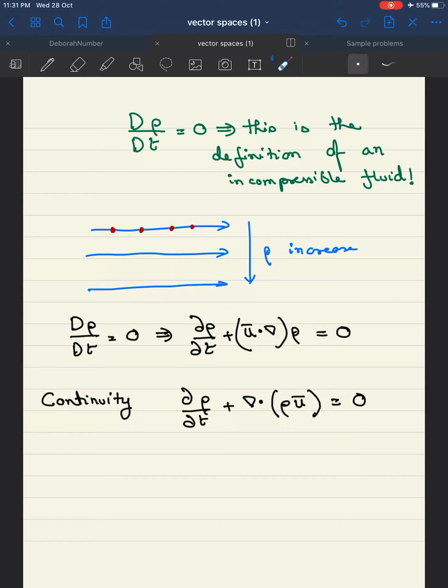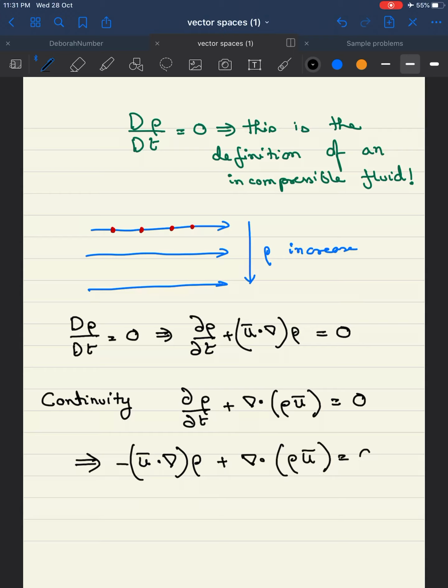Now what I can do is, I have two places where I have del rho by del t, so I can substitute this del rho by del t with this part, right? If I do this substitution, I will get minus this equal to 0.